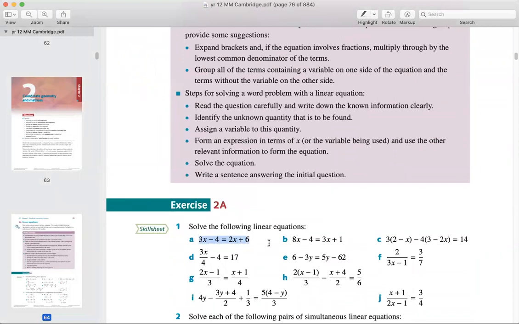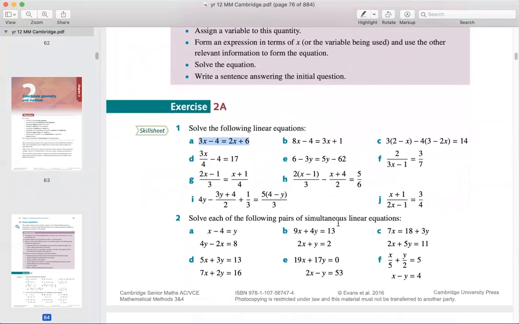From year 7 to year 10, you all learned how to solve this kind of problem. Just remember one key idea: doing the same thing to both sides. And the tricky part is, I highly recommend you do the H and I questions in your own time and check if you can get the answer correctly, okay?